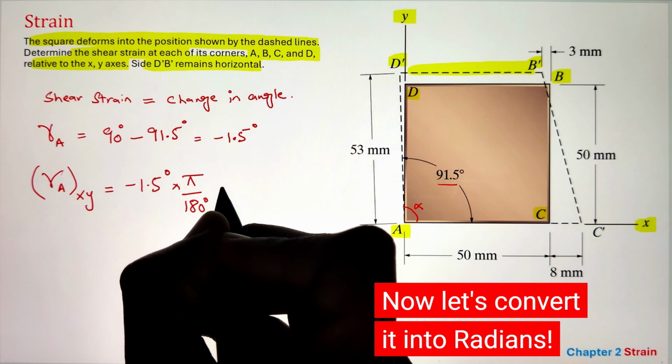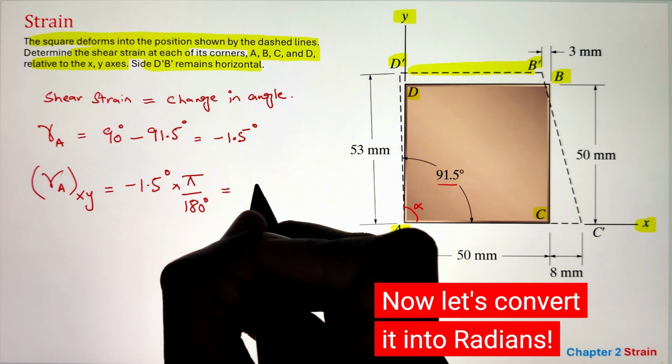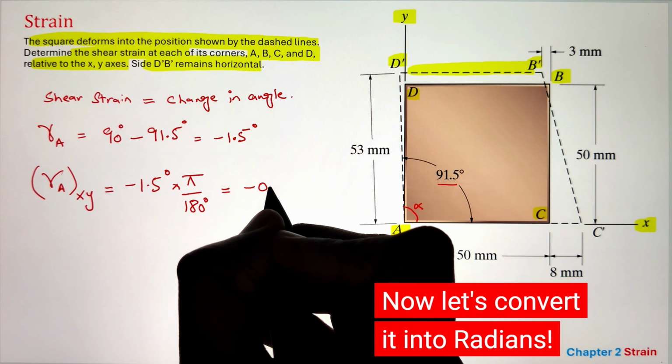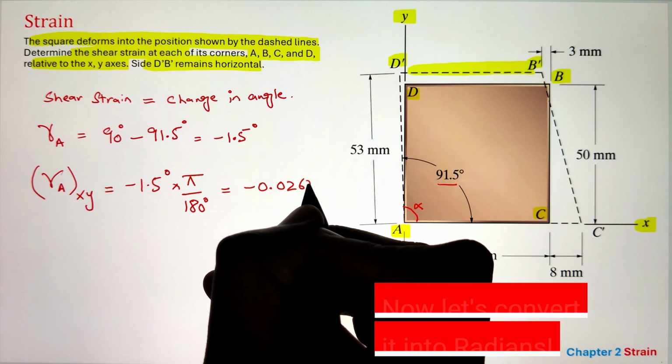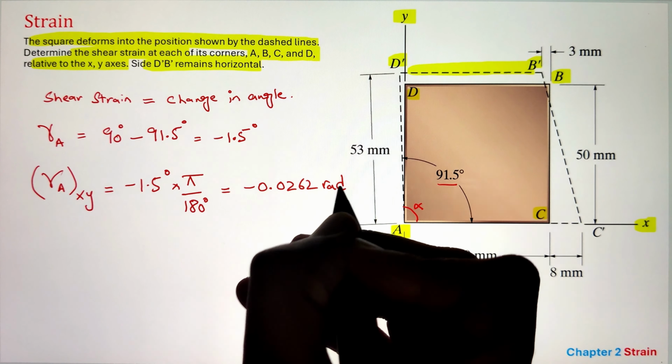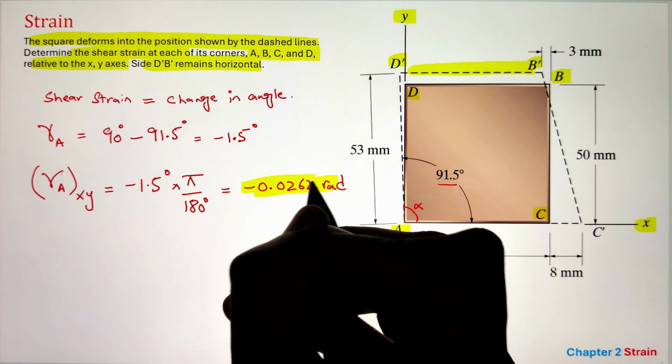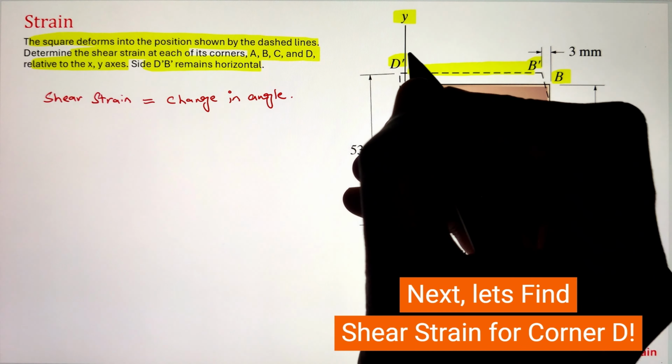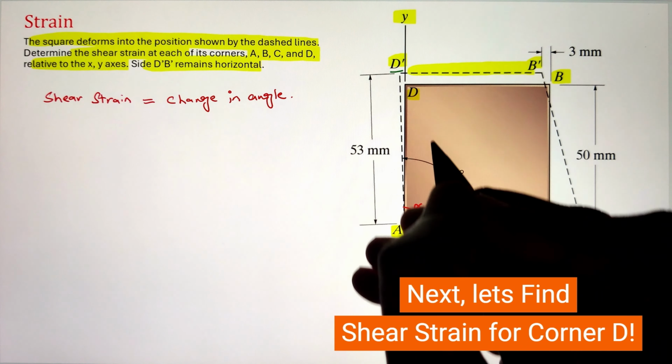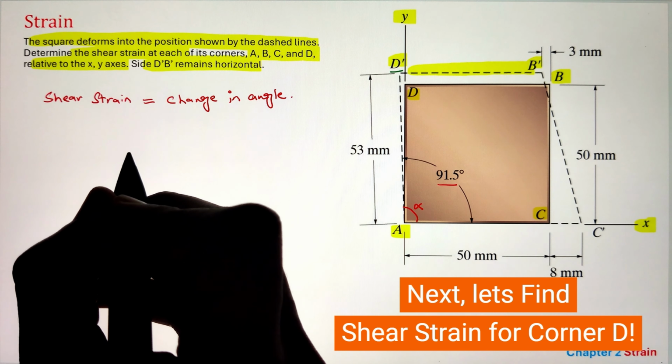Simplifying, we get the value of shear strain at point A relative to the xy axis as negative 0.0262 radians.